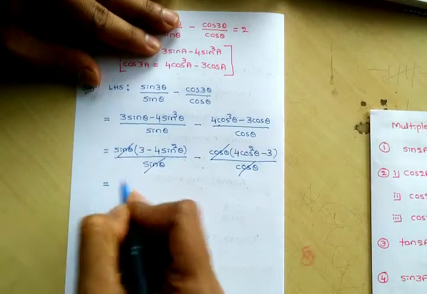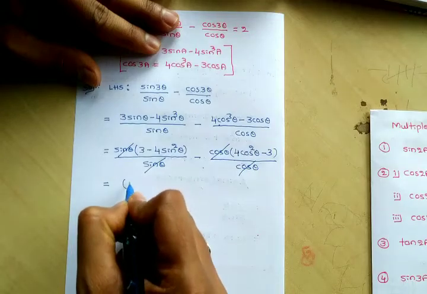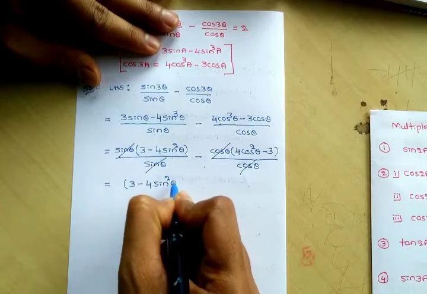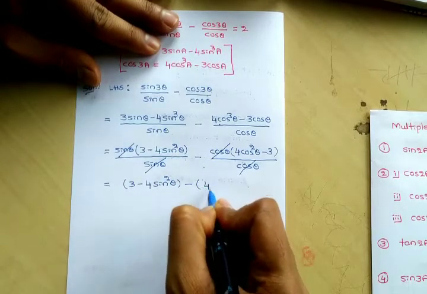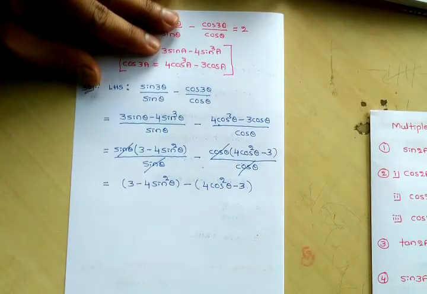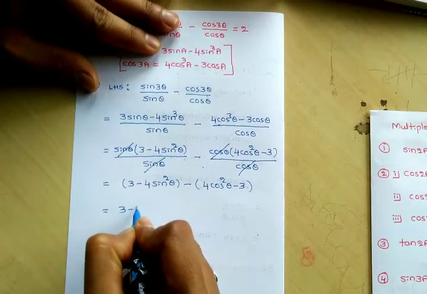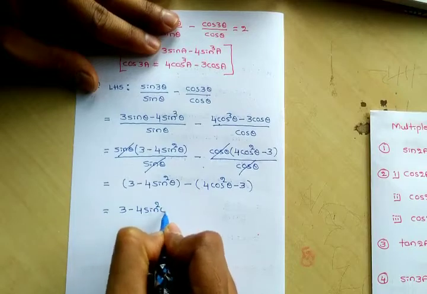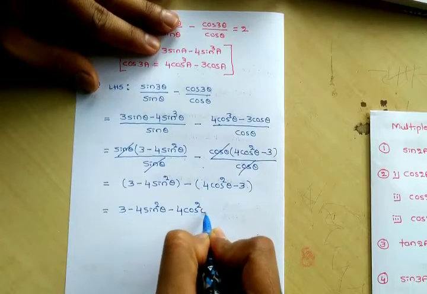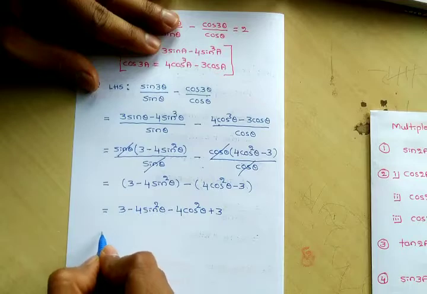So next, because of the middle negative sign, I am going to keep these two values in brackets, that is 3 minus 4 sin square theta minus the bracket of 4 cos square theta minus 3. Next, open the bracket: 3 minus 4 sin square theta, minus into plus is minus 4 cos square theta, minus into minus is plus.